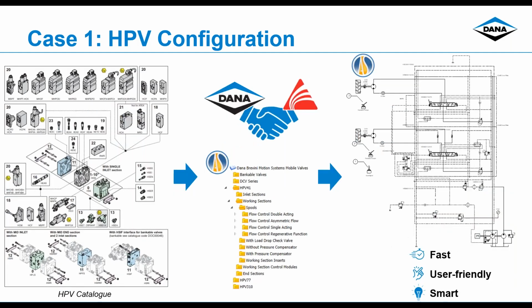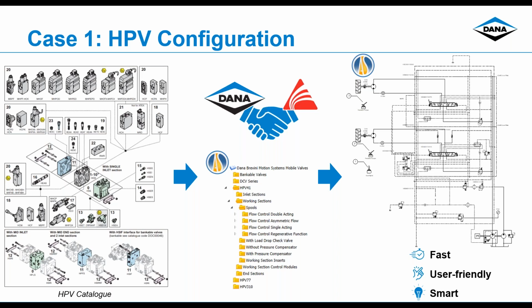Moving to these ones, I want to show you how our catalog page can be presented, and it is easy to understand how many components are necessary to assemble an HPV, starting from spools and going to working sections and other parts.